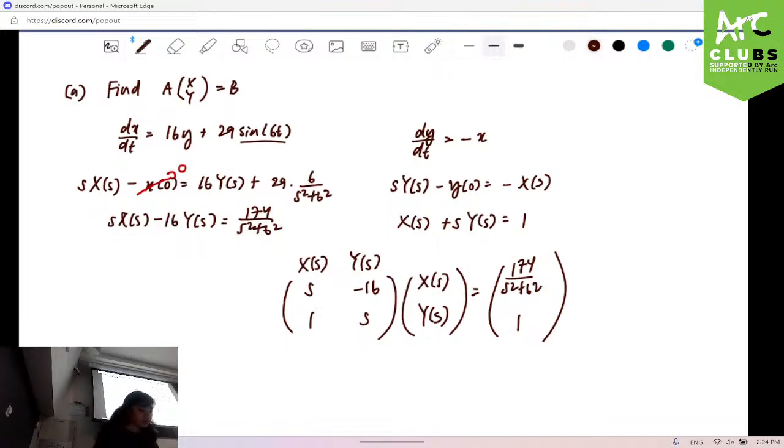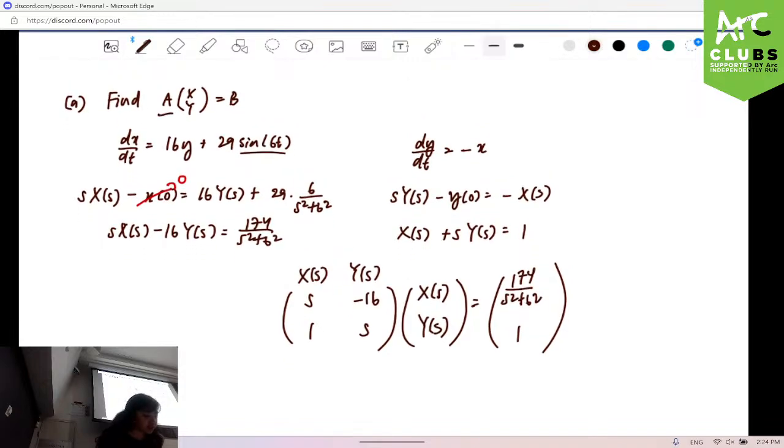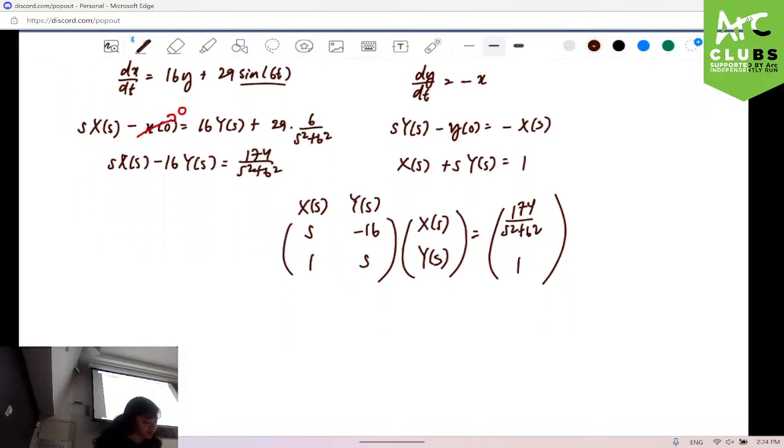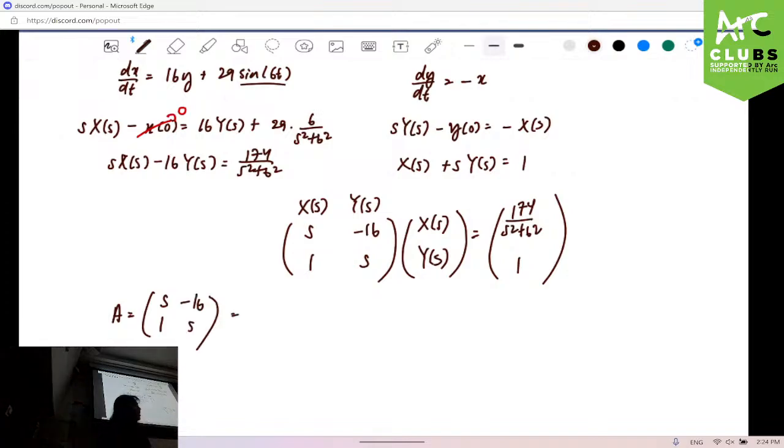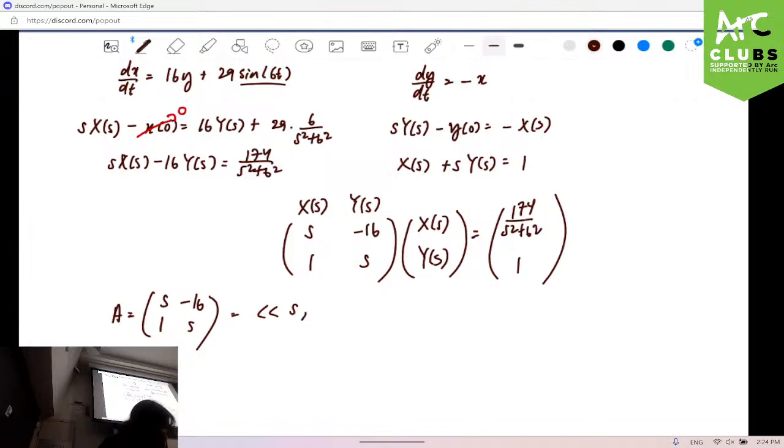Okay, so the question asks you to find A and B. Through observation, A is s, 1, minus 16 and s. Since the exam is in Möbius, we're going to use Maple syntax. If I'm wrong, call me out, okay?